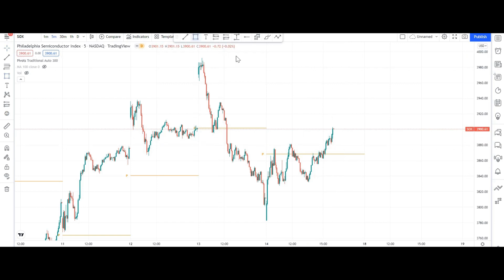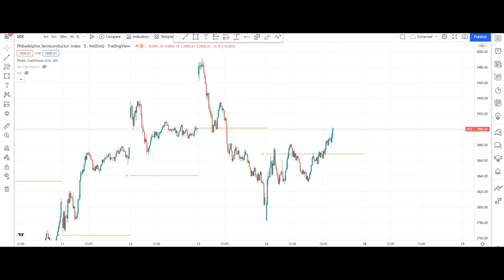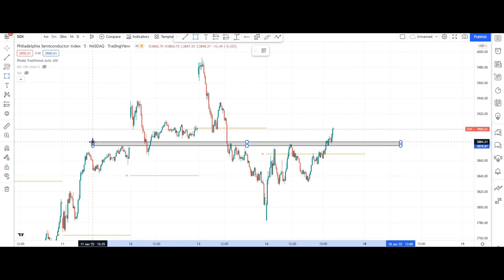right now. One second. Okay guys, this is one of the major supporting areas right now. Take it downside just.